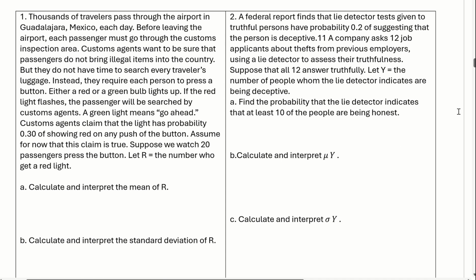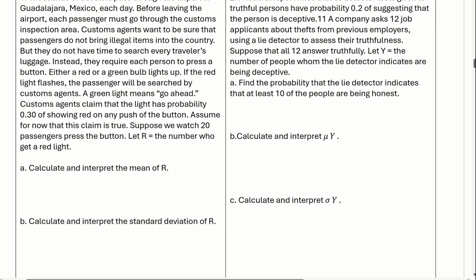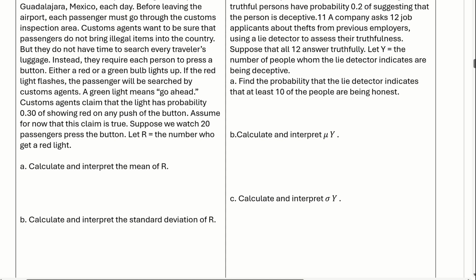Number one: thousands of travelers pass through the airport in Guadalajara, Mexico each day. Before leaving the airport, each passenger must go through the customs inspection area. Customs agents want to be sure that passengers do not bring illegal items into the country, but they do not have time to search every luggage. So they require the person to press a button. A red or green light bulb lights up.